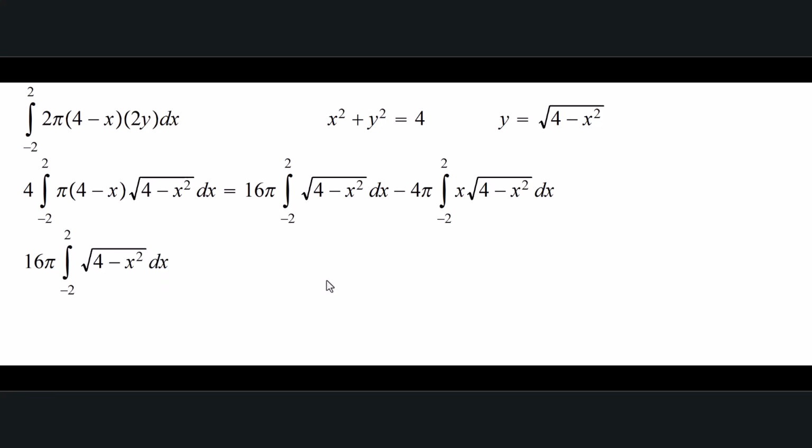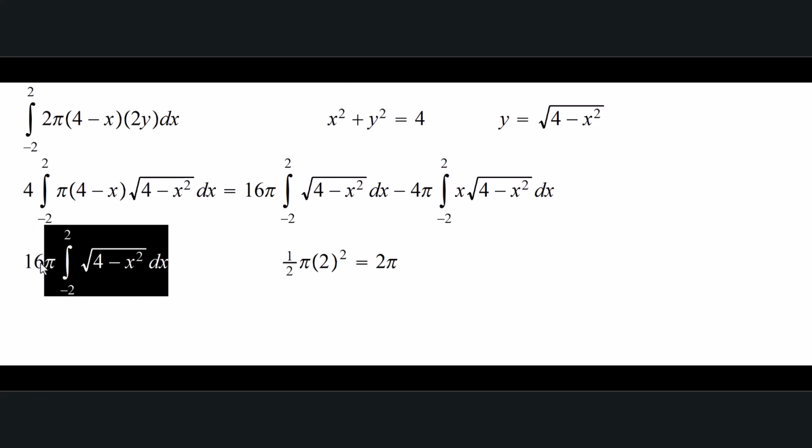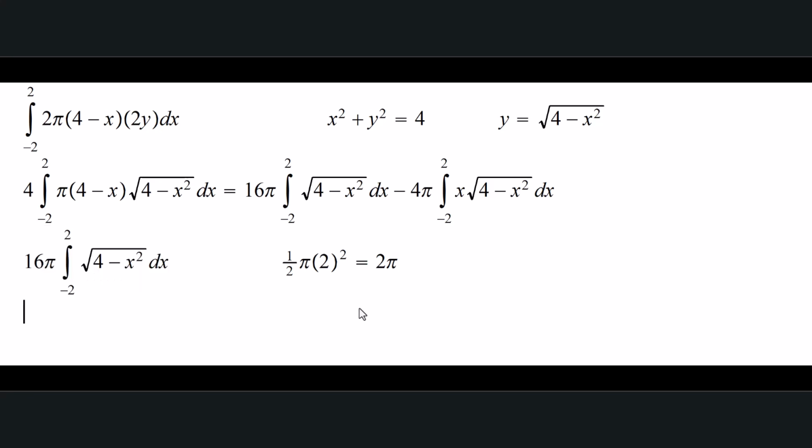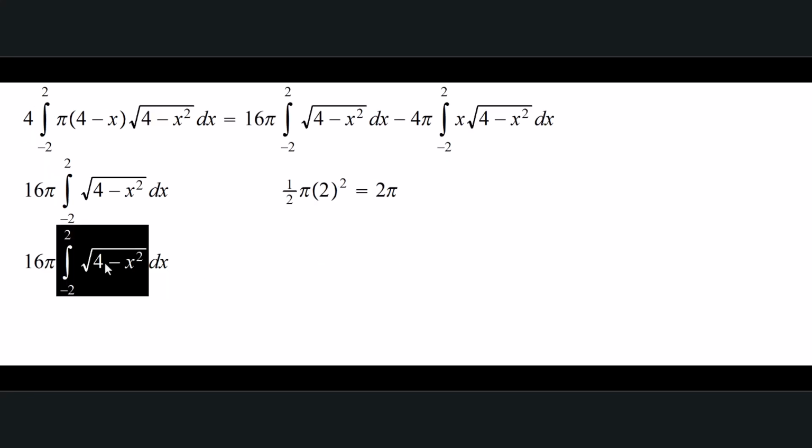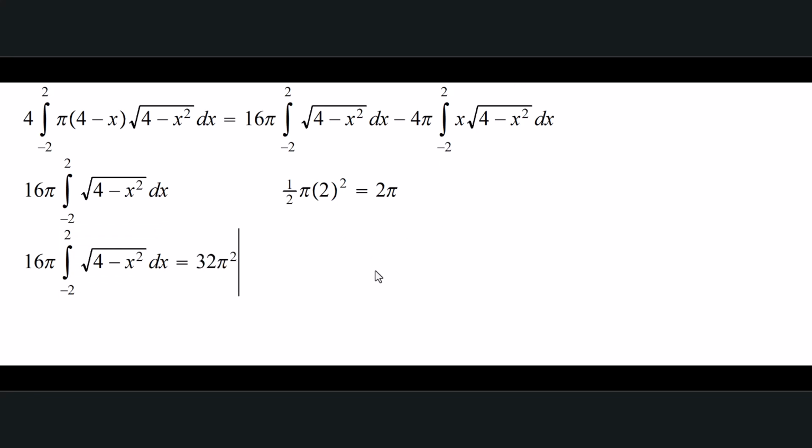The area of the upper half circle is 1 over 2 pi times the radius squared, 2 squared, which is simply 2 pi. So this value is 2 pi, and the value of the integral is 32 pi squared.